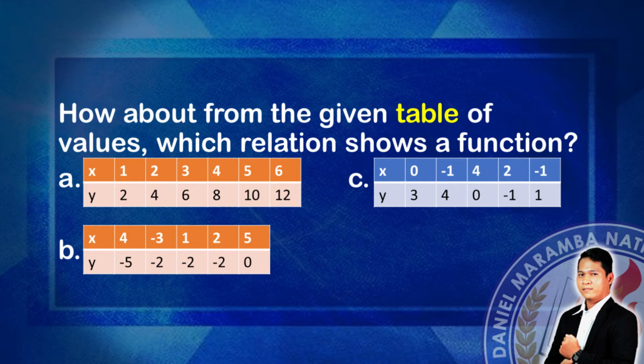Samantalang sa data na nasa C ay merong naulit na negative 1. Negative 1 corresponds to 4 and negative 1 corresponds to 1. Kaya ito ay naulit o nagkaroon ng dalawang corresponding element ng range.